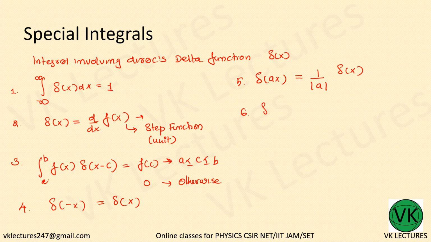Delta of x squared minus a squared is equal to 1 divided by 2 times a, into delta of x plus a plus delta of x minus a.